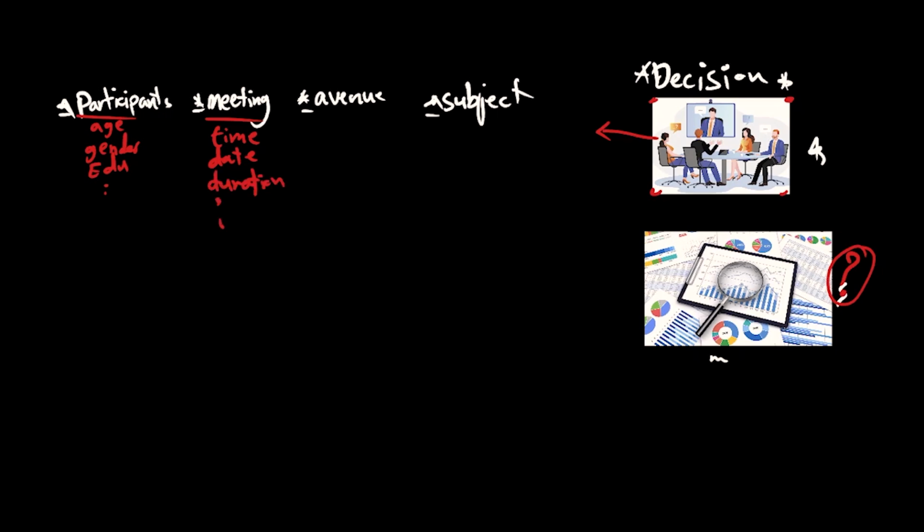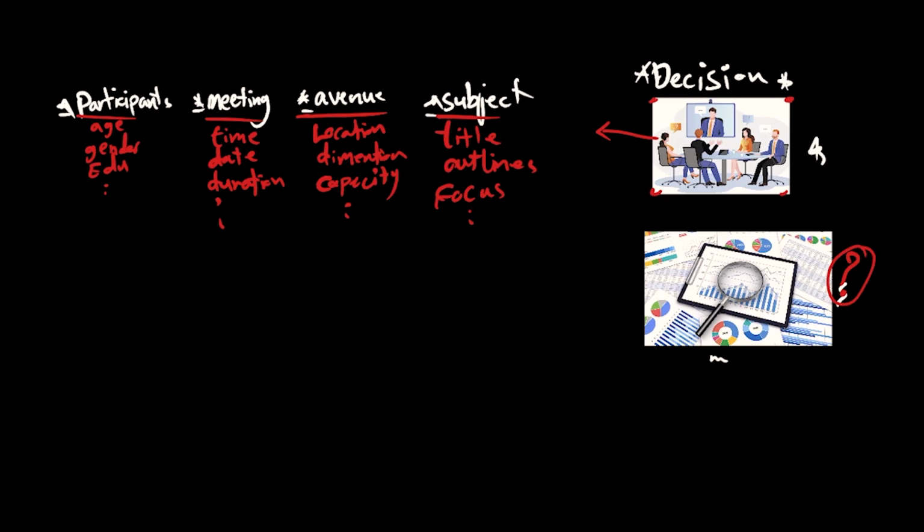If I look at it from the avenue perspective, I might think of the physical location of the meeting, perhaps the dimensions of the room where they are sitting, maybe the capacity of that room, etc. If I look at the picture from the subject perspective, there is, of course, a title for what they are discussing. There are maybe outlines, other concerns, for example, the focus of the subject, etc.